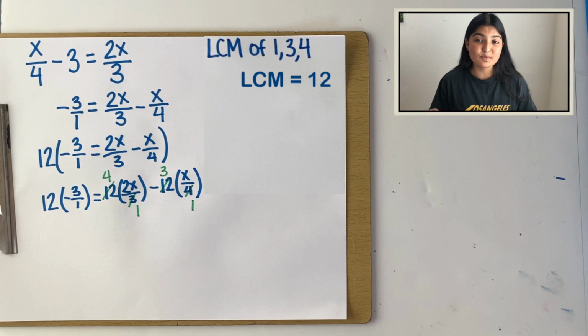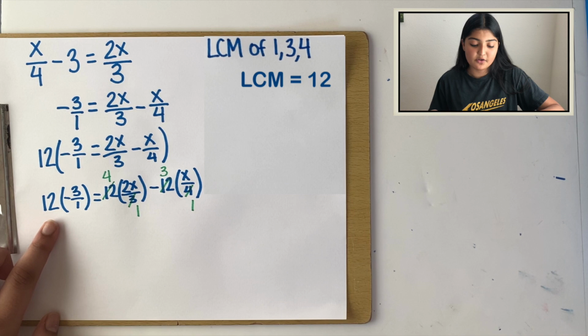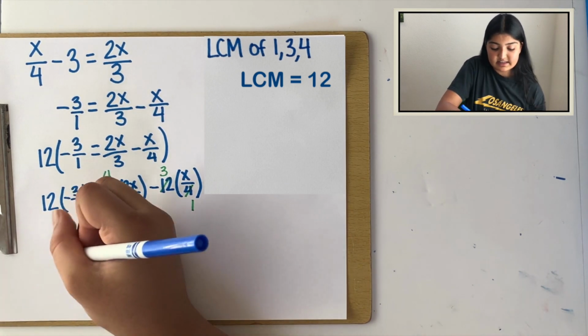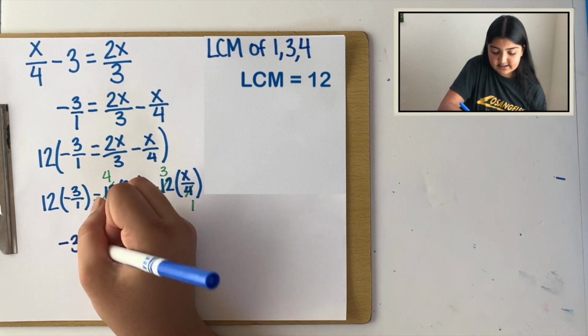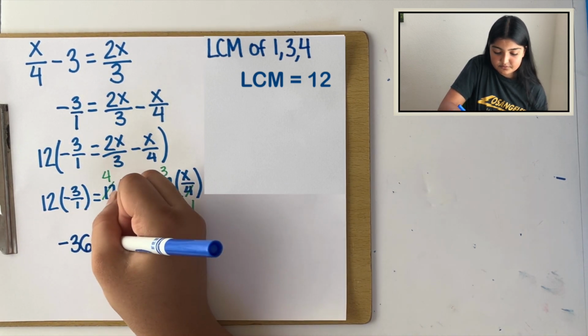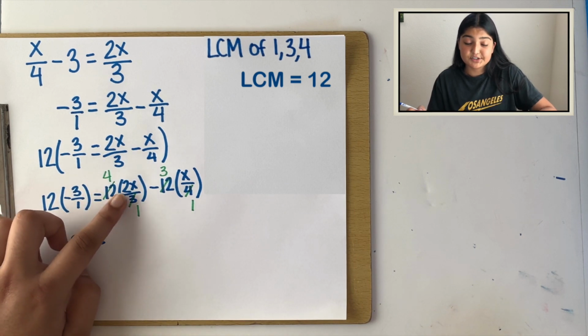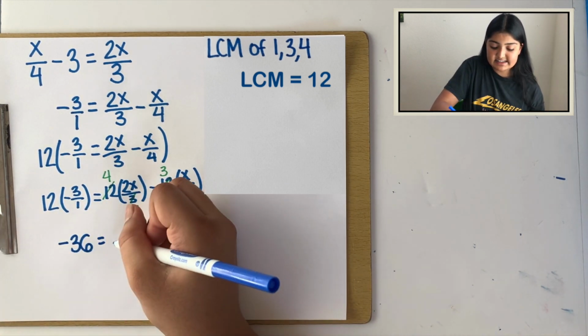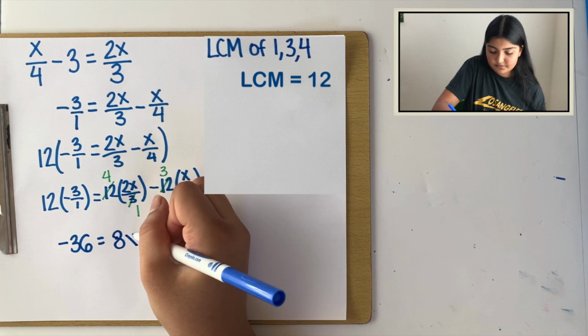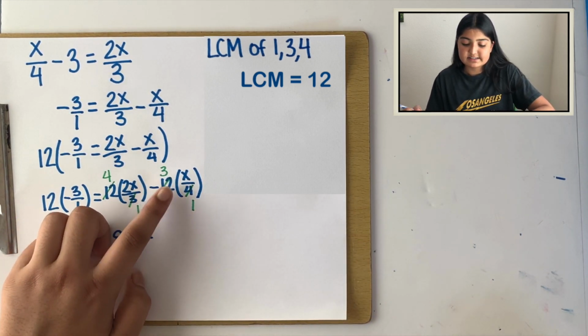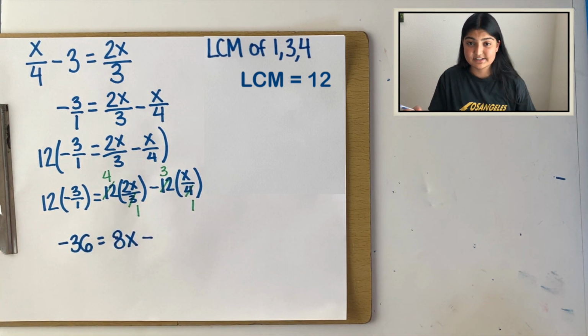Next, let's multiply and write this out. 12 times -3 is -36. 4 times 2x is 8x. Minus 3 times x is 3x.